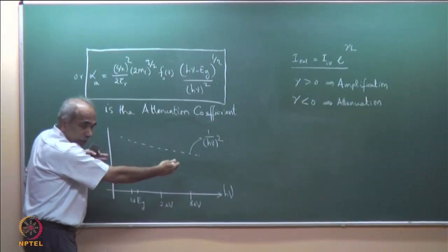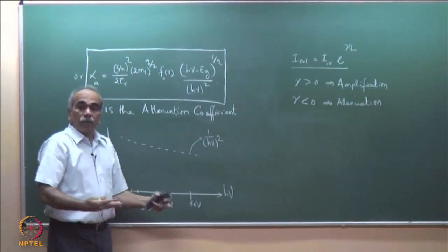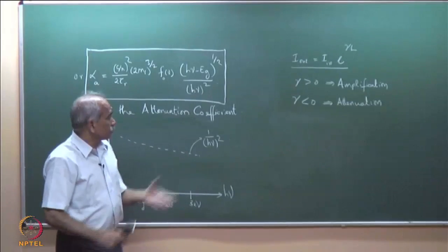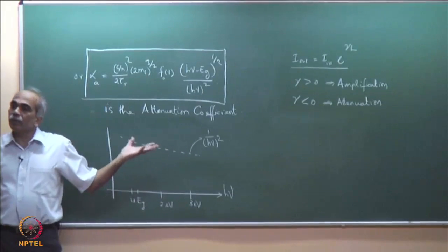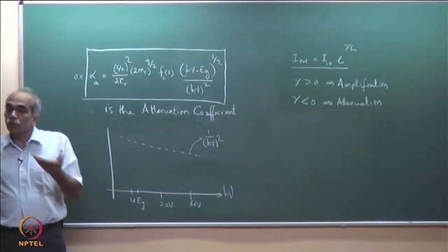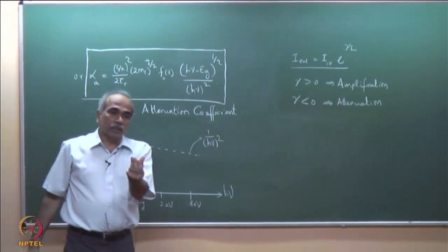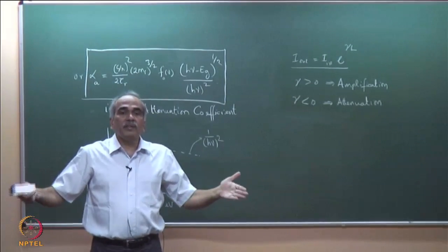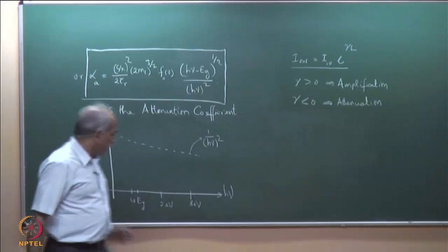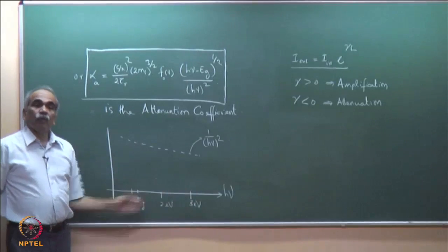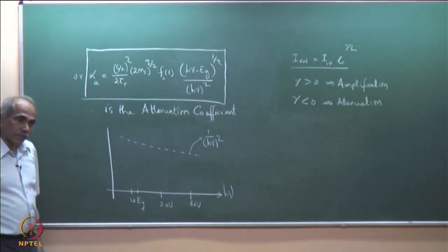Now, I am not assuming it to be constant, because I want to see, for example, as we will see later, the absorption coefficient is important when you want to use the material for photo detection. So, a photo detector can detect over a wide range of wavelength, and therefore, we have to consider the absorption spectrum over a wide range of energies.